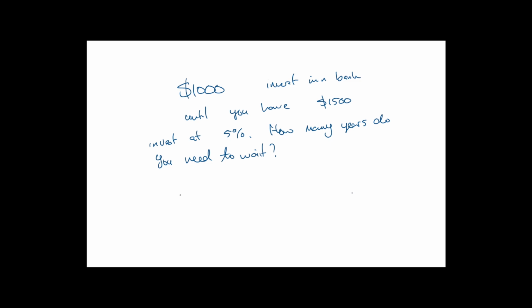Well, we know that the value of the amount at any time is going to be equal to the initial value, which is going to be 1,000, times 1 plus the rate to the power of the time it took to get there. Well, we know that V0 is 1,000.